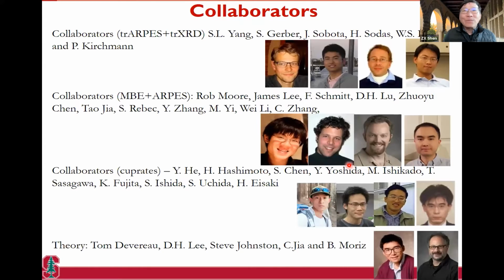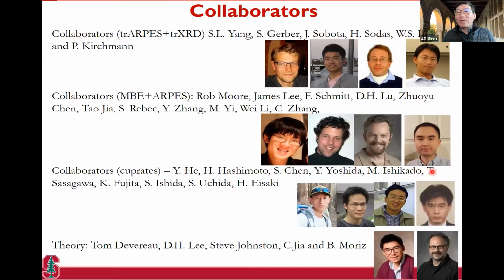I will go through, when the work comes up, I'll acknowledge the collaborators. For the time domain experiment, really it was Simon Gerber, Shulong Yang, Patrick Kirchman, Wei Shen Li. Our thin film work really started with James Lee, Felix Schmidt, and a lot more.